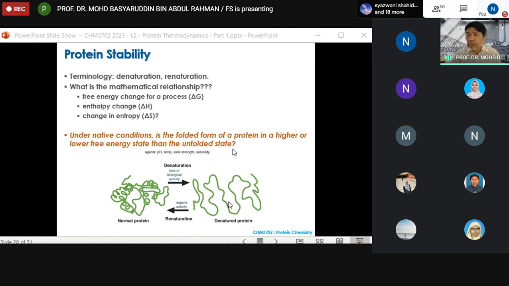So now there is a question here. Under native conditions, is the folded form of a protein in a higher or lower free energy state than the unfolded state? I think you can guess the answer, but how to explain it is another story.